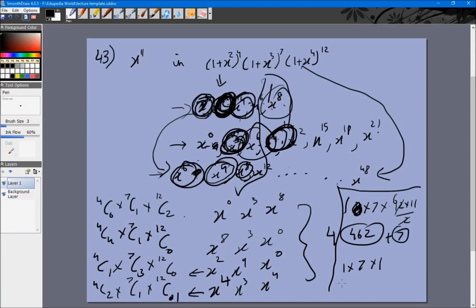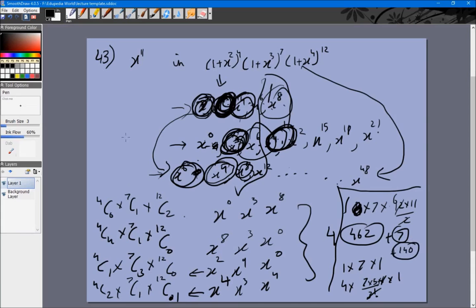In this case, we have 4 into 7c3, that is 7 factorial by 4 factorial, 3 factorial, or 7 into 5 into 6 by 3 factorial, into 12c0, which is 1. So 3 factorial cancels with 6. This gives me 35 into 4, that is 140.